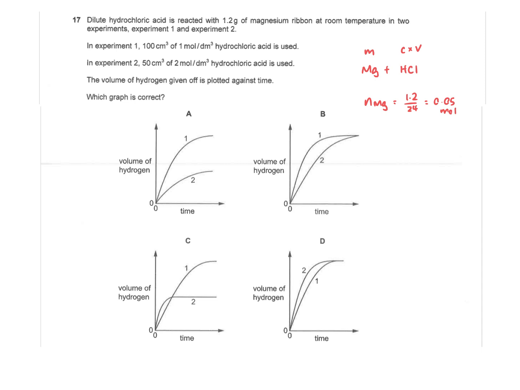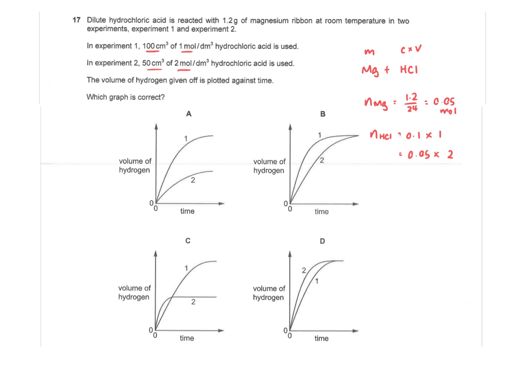If you look at the volumes and the concentration of the acid, you will find that the number of moles of hydrochloric acid in experiment 1 is actually equal to that of experiment 2, meaning the number of moles of both reactants in experiments 1 and 2 are the same.